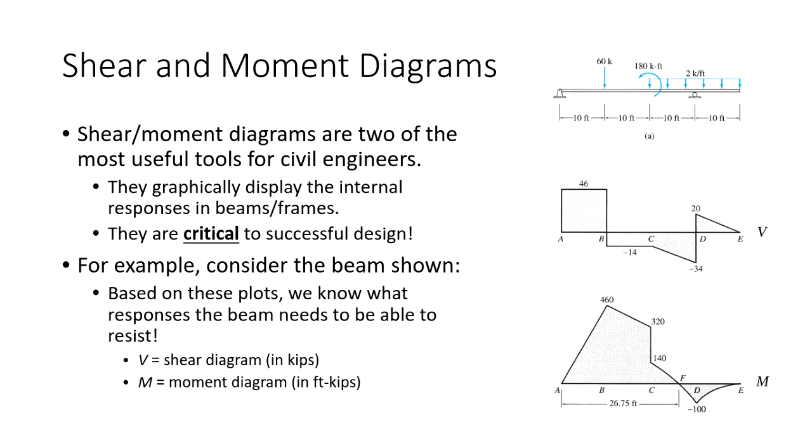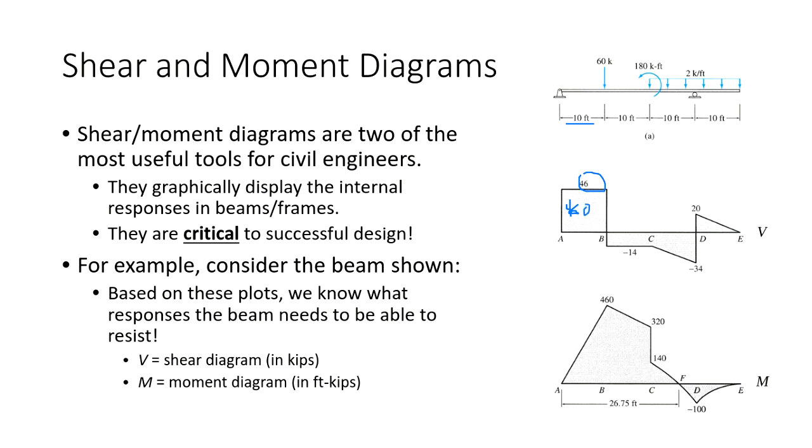And so to give you an idea of how this works, what do we have here? Let's take this shear diagram, okay? So this shear value is 46, okay? Now, this distance here is 10 feet. So what is the area under this box? Well, it's 460, right?